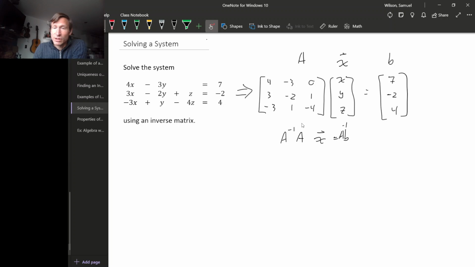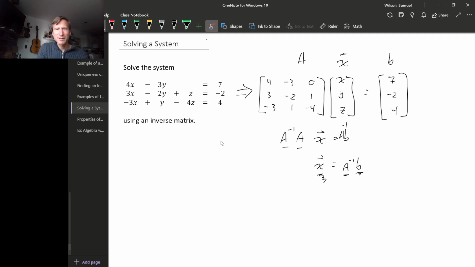On the left-hand side, now we have A inverse times A, that's the identity matrix, and the identity matrix times x is just x, the vector x. And on the right-hand side, it would be A inverse b. And then we will have solved for x. So all we need to do to solve this system of equations is find the inverse. And then solving a system is as simple as multiplying your right-hand side by this inverse matrix.